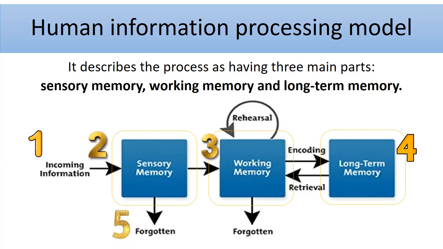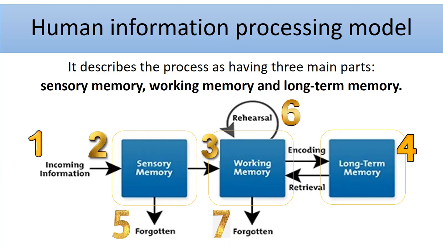So sometimes it happens that a chunk of information can be forgotten from sensory memory, but if we rehearse more and more in working memory, it will get retained, it can be encoded, or some of the chunks can be forgotten if it is more than 7 plus minus 2 chunks. So encoding is very important when it is going inside the long-term memory.